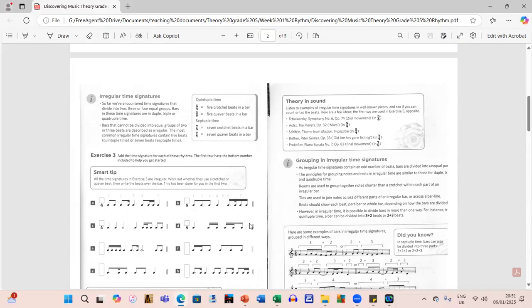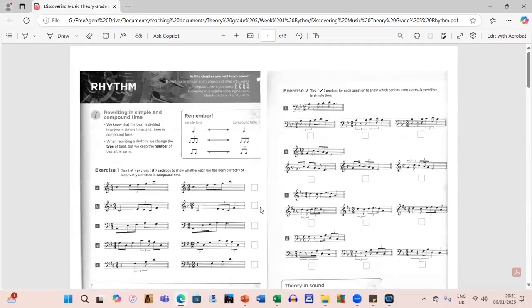Is there anything in rhythm that we're not sure about? Anybody? I think it's quite hard rhythm. It is. It is the hardest section by far. It's hard, but you can't do the other sections unless you understand the rhythm. Don't be put off by how complicated this one section is, because the others are much easier.